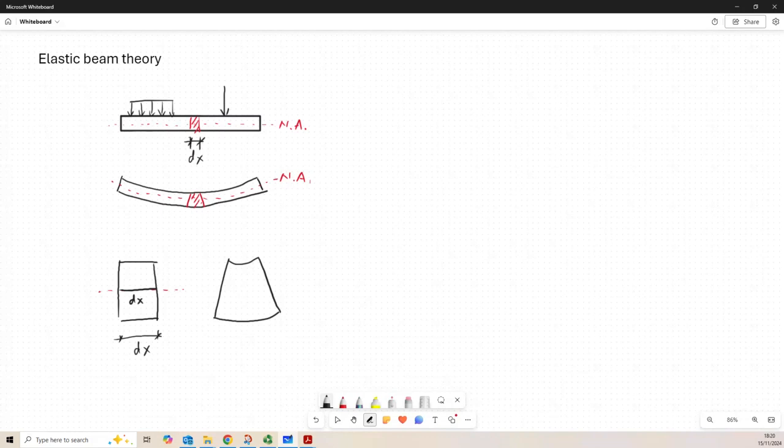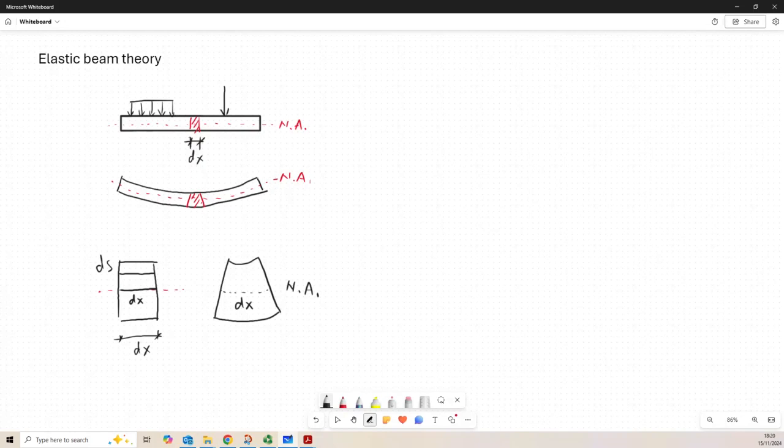Now the neutral axis, there's no deformation. If there's no deformation, the neutral axis still has a length of dx. If we find an arbitrary line over here, we call this line ds, which has a length of dx.